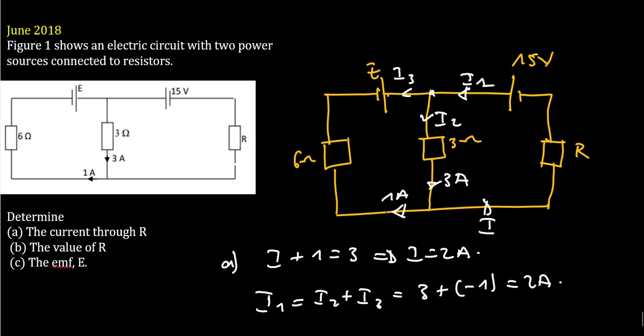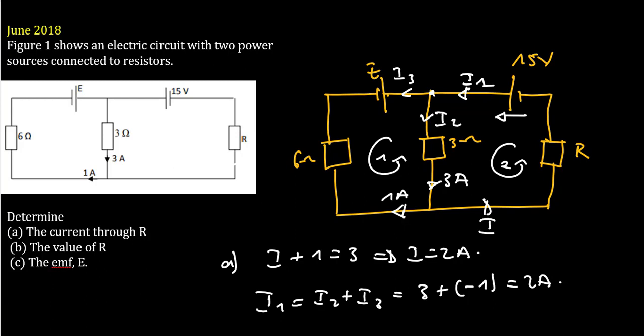Now the value of R, we are going to consider two loops. I'm going to call this loop 1 and I'm going to call this loop 2. And so in order for me to get the value of R, we are going to apply Kirchoff's voltage law on loop 2. Now in order to apply this, let's get the respective direction of our voltage. So the source of EMF is going to have the voltage direction of source, that's the direction of potential.